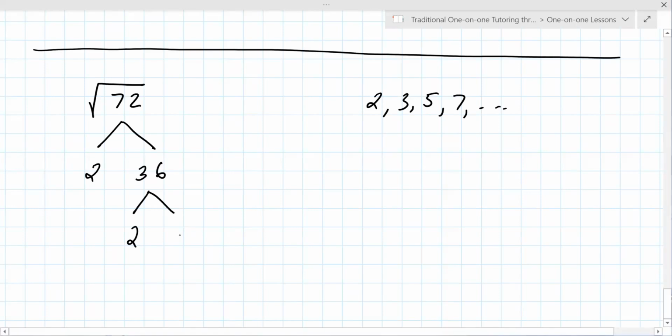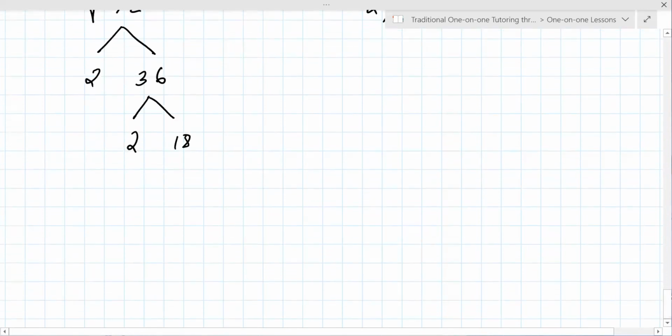$18. Okay. Is 18 divisible by 2? Yes. 9. Is 9 divisible by 2? No, it's not.